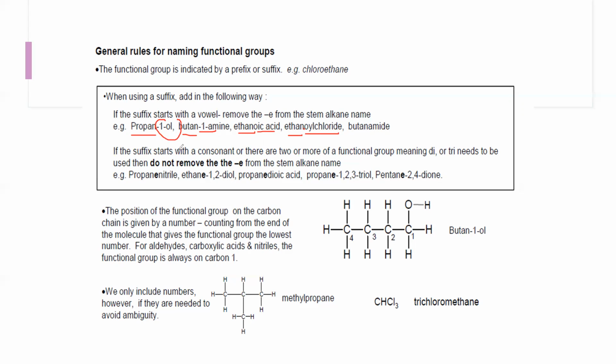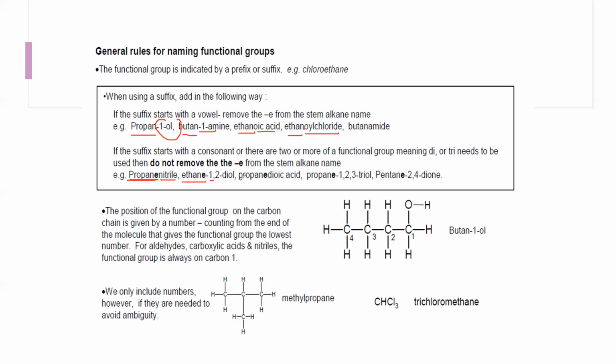And if the suffix starts with a consonant, or there are two or more functional groups, like di or tri, then we don't need to remove e. For example, propane, so we did not remove e and we wrote nitrile.